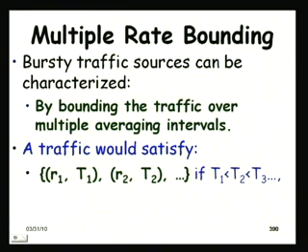Will it generate bursty traffic in that interval, and the rest of the time generate nothing? If you just look at a single R comma T, it does not exclude that possibility. It guarantees that within every T1 the traffic will be less than R1, but within T1 it can be bursty. So, we can use multiple bounding intervals, so that not only over a large interval it is not bursty, but even for smaller intervals it is not bursty.